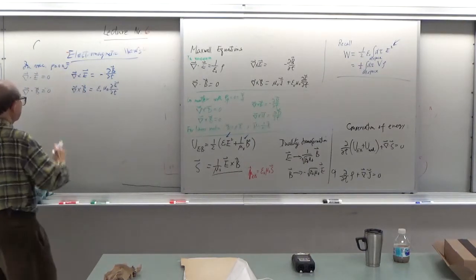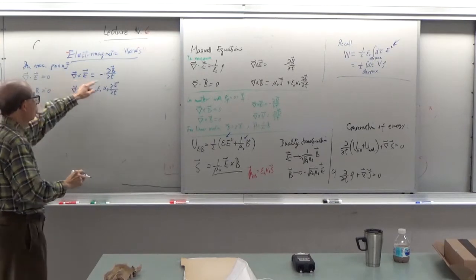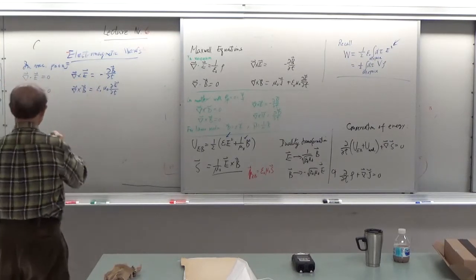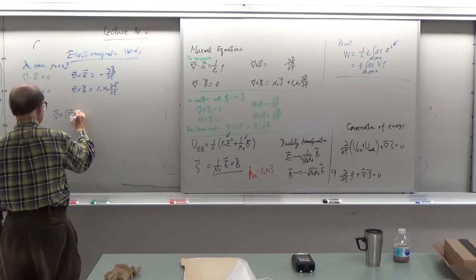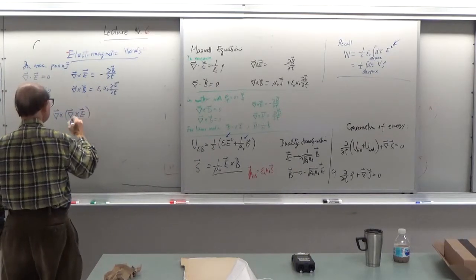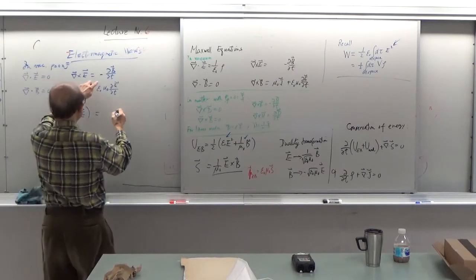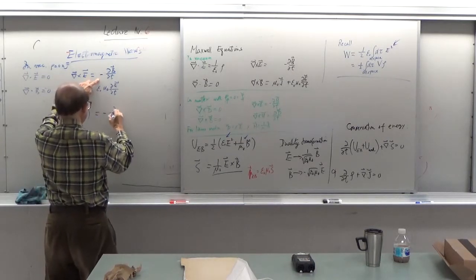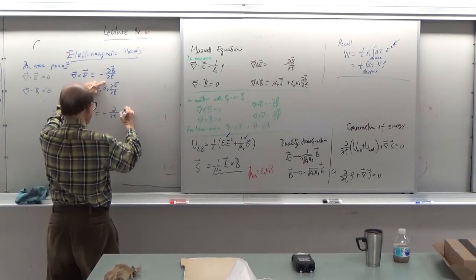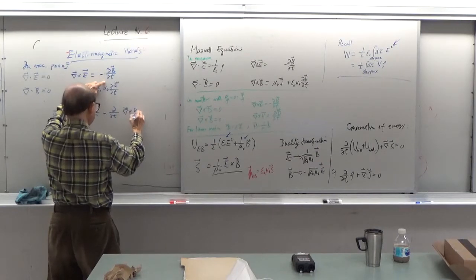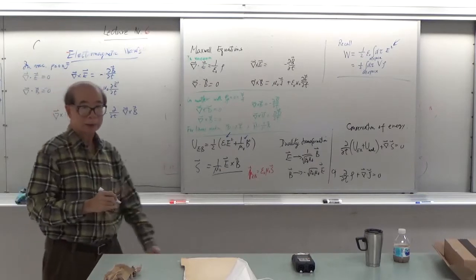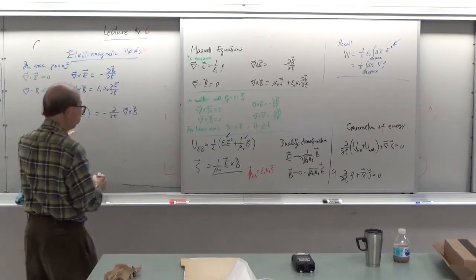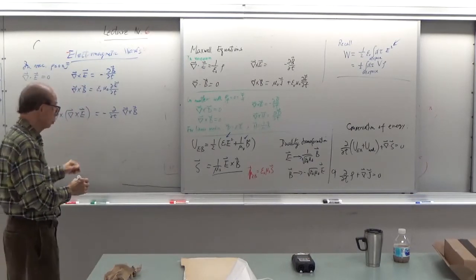Let's take a look at the curl of E and take the curl of this equation. So I'm interested in curl of curl of E. That will be equal to minus del by del t curl of B. And the left-hand side involves a triple cross product, so there are two terms.